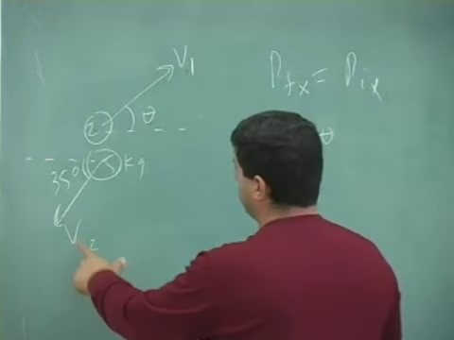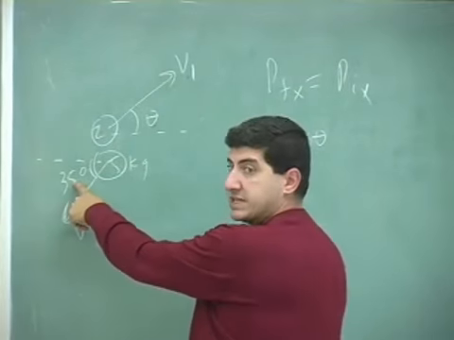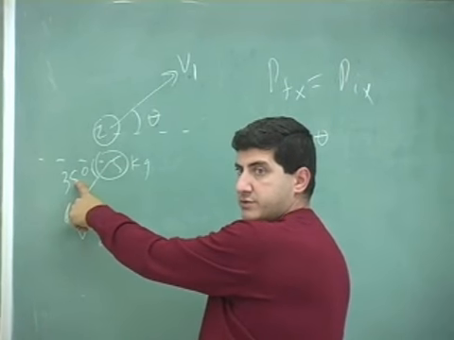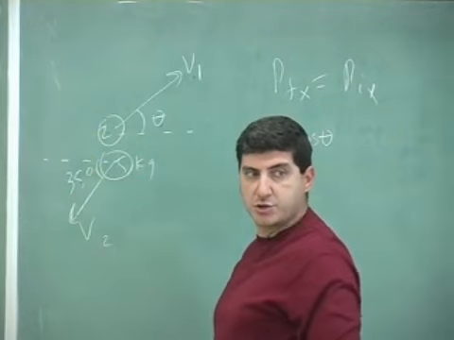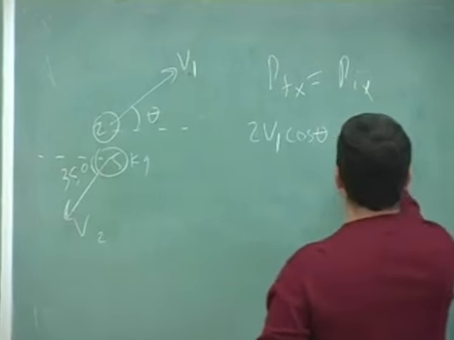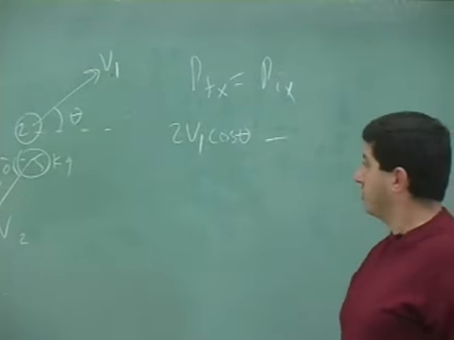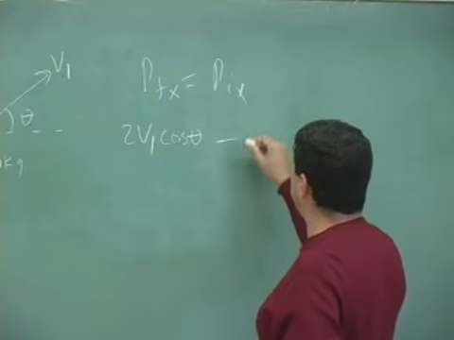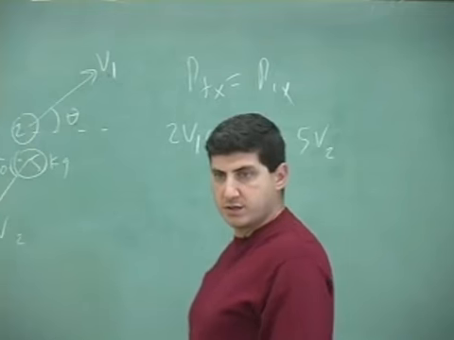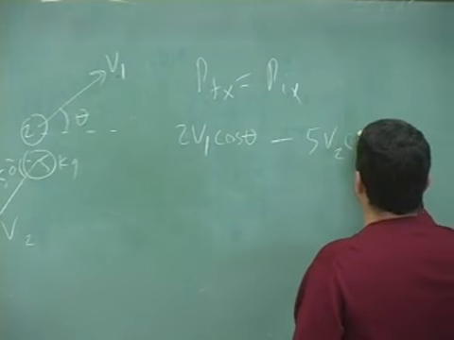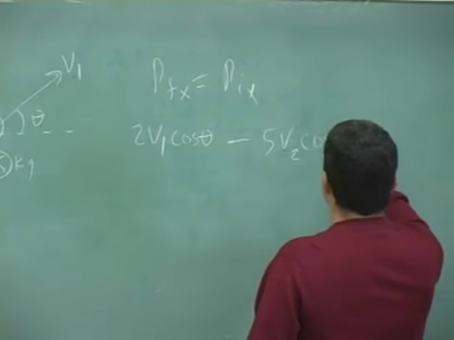Now what we could do with this one is we could work with this angle, 35, but just realize that it's negative, right? Because it's in the third quadrant. So I could put in the negative myself. So 2V1 cosine theta minus 5V2 cosine 35, because the x component of the velocity is negative.